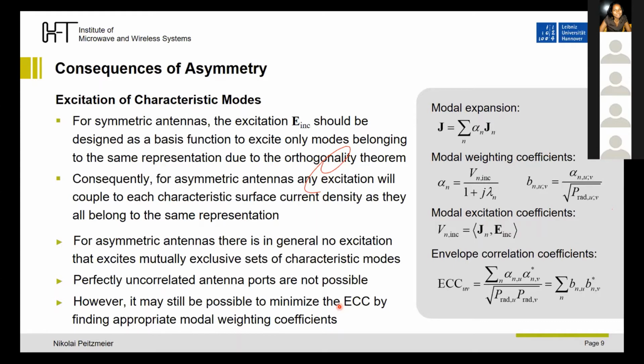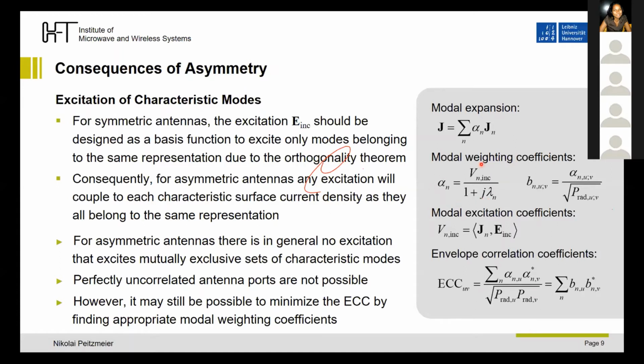However, the orthogonality theorem does not tell us anything about the amount of correlation, so it might still be possible to minimize the port correlation, measured by means of the envelope correlation coefficients. And this idea is motivated by the fact that we can express the envelope correlation coefficients by means of the modal weighting coefficients.